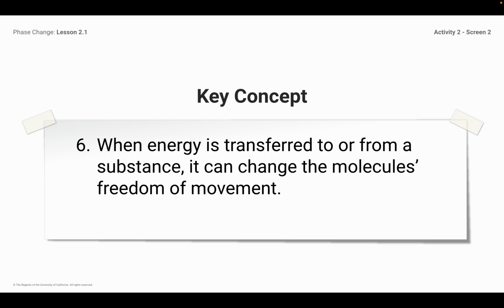So just make that go underneath key concept 8. You write your own little key concept 6 on the left side. And then on the right side, go ahead and write in the key concept. So key concept number 6 says, when energy is transferred to or from a substance, it can change the molecule's freedom of movement. We saw that in the sim, absolutely. And so I'm going to give you a chance to write that down.